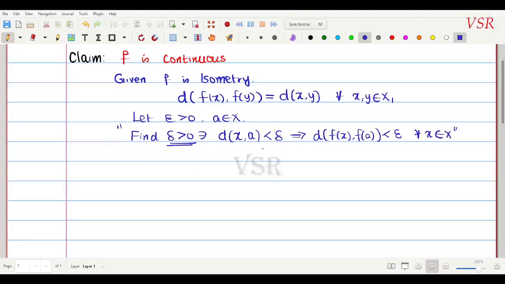How? Choose delta equal to epsilon. Take delta equal to epsilon.